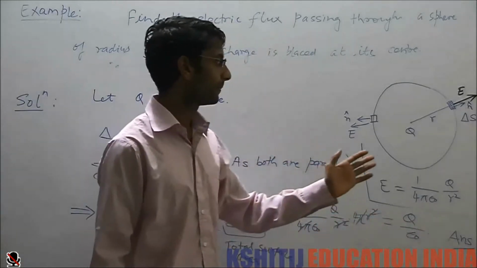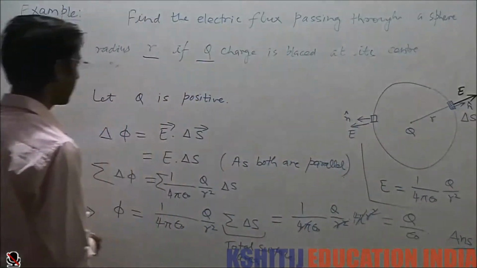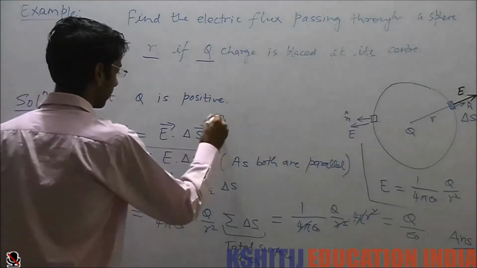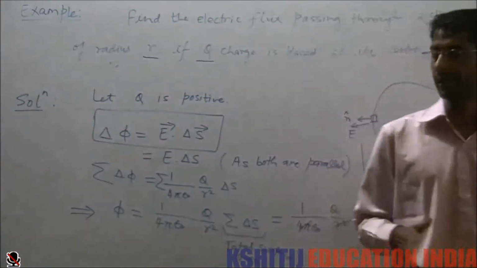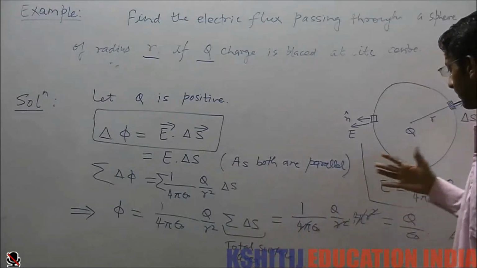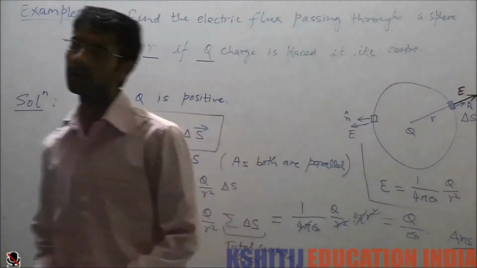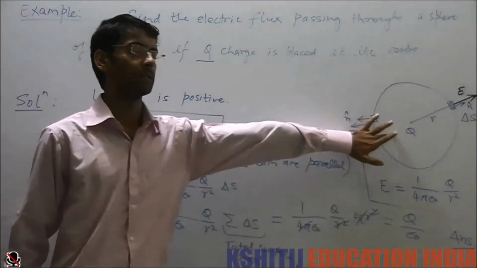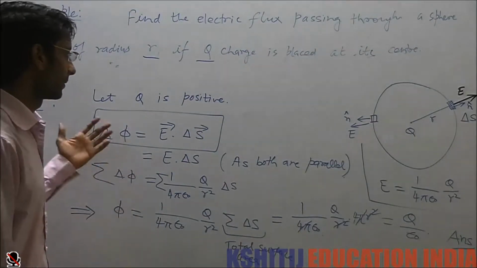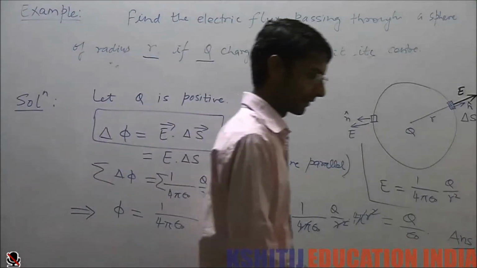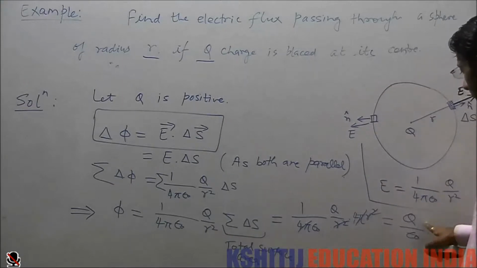Because of the charge's presence, we will have an electric field, and we will apply the relation of electric flux with electric field and surface area, and proceed in the following way. We can find out the flux. So this will be the net flux coming out because of this charge q at the center of the sphere. This is another example based on the concept of electric flux, and the answer came out as q upon epsilon naught.